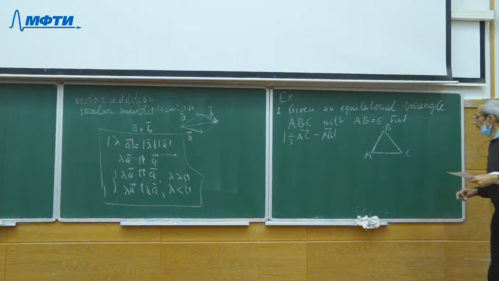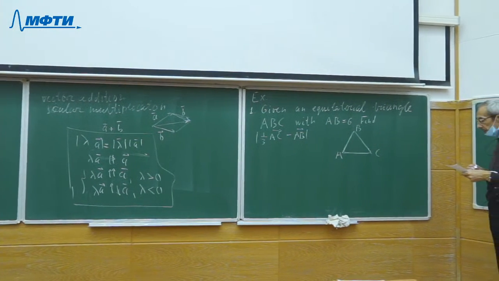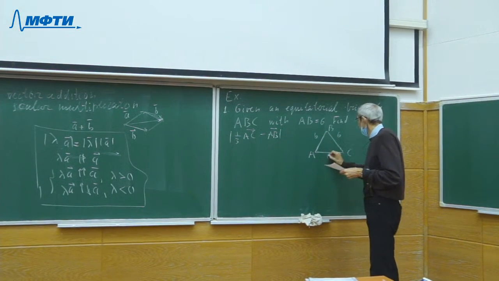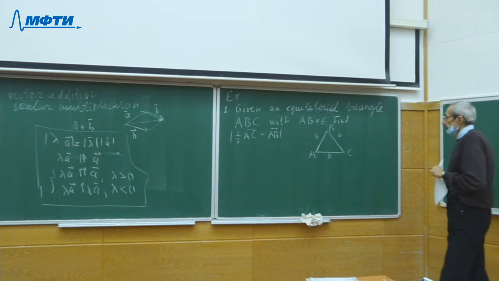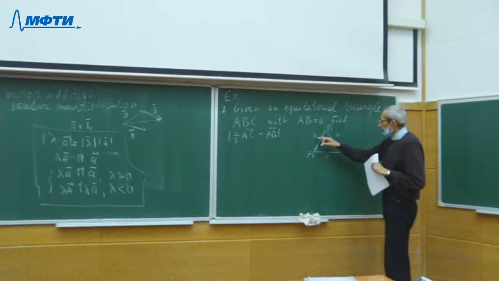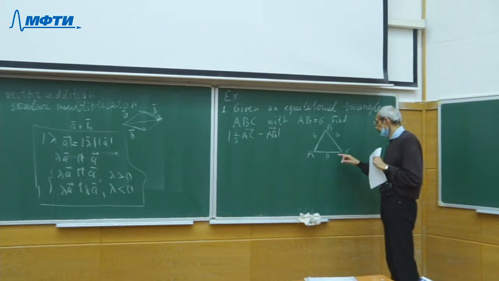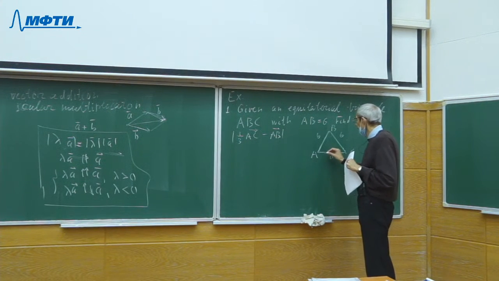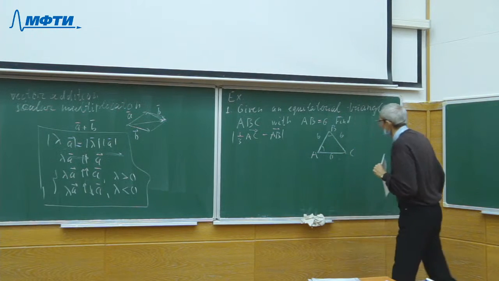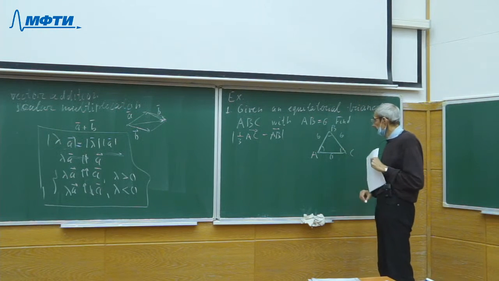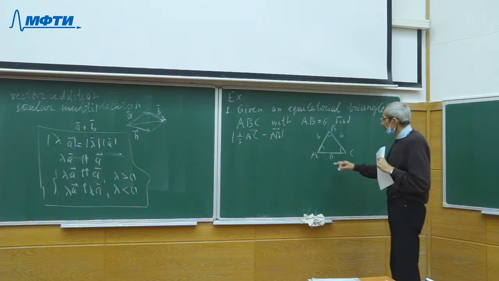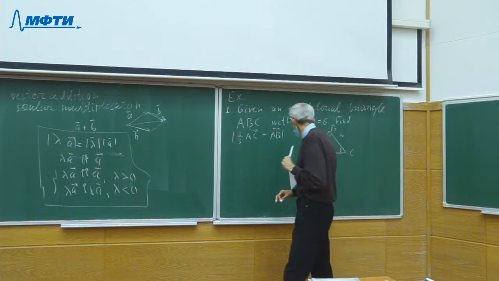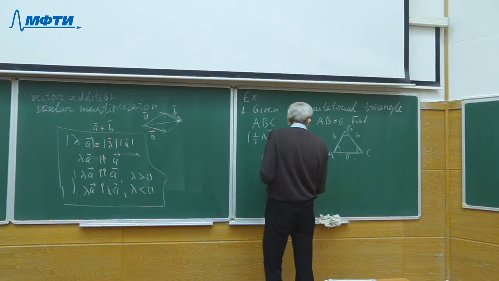So we have some equilateral triangle, and in the equilateral triangle the length of each side is equal to 6, and we also know the measure of the angles in these equilateral triangles. Each angle is equal to 60 degrees.